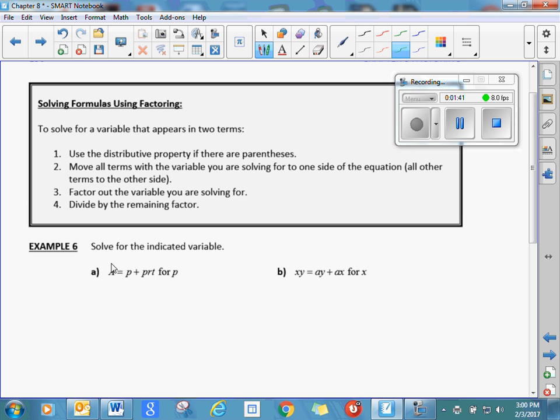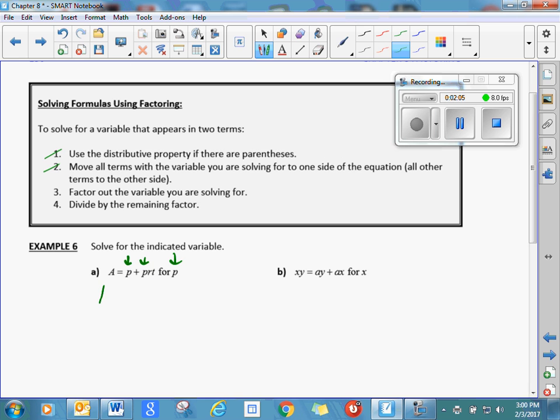So the first thing I need to do is see which variable they're asking me to solve for. They're asking me to solve for P. I see that I've got a term with P in it here and here, and I don't have any other terms to move to the other side. So I don't have any distribution, and all of my terms are together. Now I am looking at these two terms that both have a P in them.